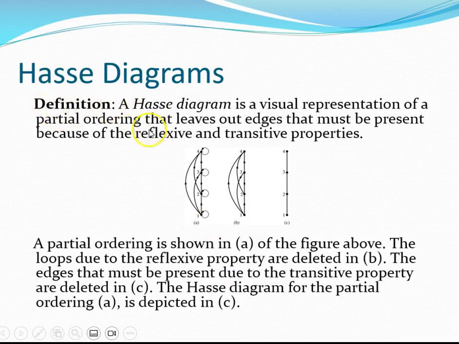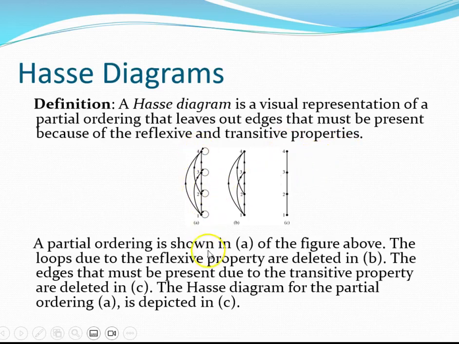Hasse diagrams. A Hasse diagram is a visual representation of a partial ordering that leaves out edges that must be present because of the reflexive and transitive properties.